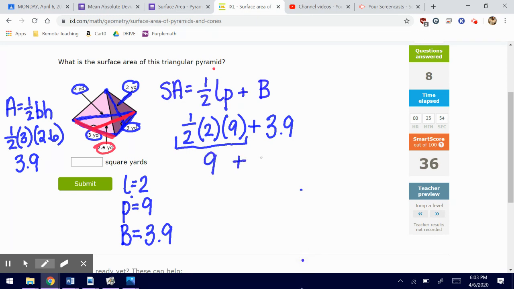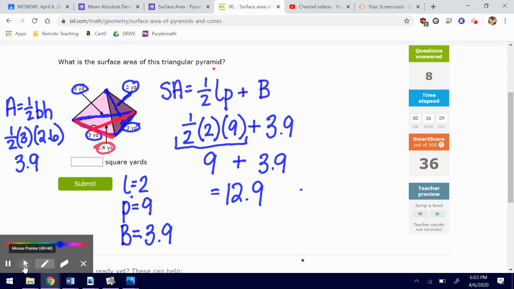Bring down the plus, bring down the 3.9. 9 plus 3.9 is going to give me a total surface area of 12.9. The processes are the same. We just treat it a little different because the base is a triangle.